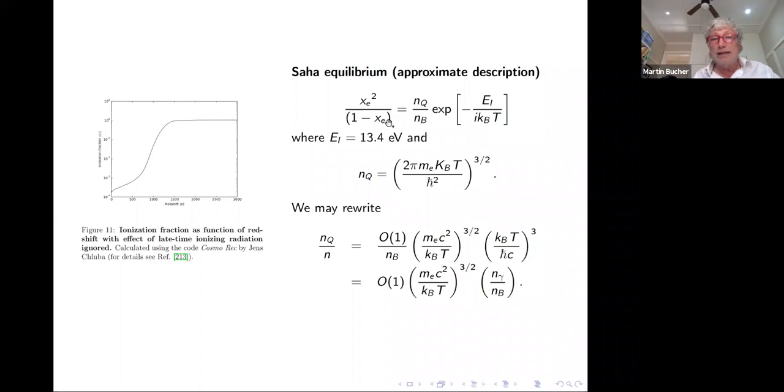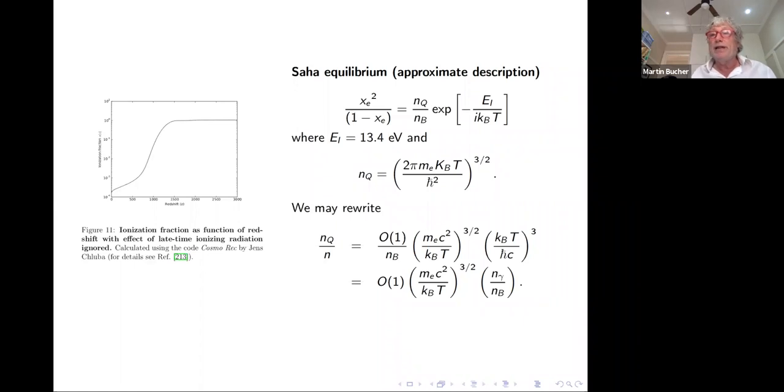So it's around 3,000. And here we have redshift, and then this is the ionization fraction. And this is a logarithmic scale. So this sort of tail of electrons that couldn't find partners, or protons that couldn't find their partners, is really small and negligible.